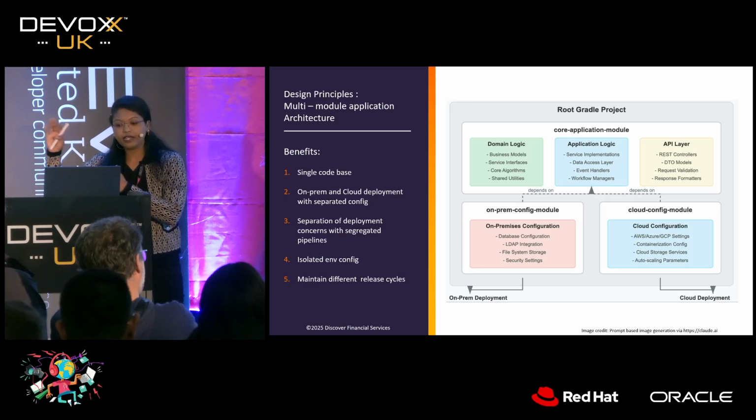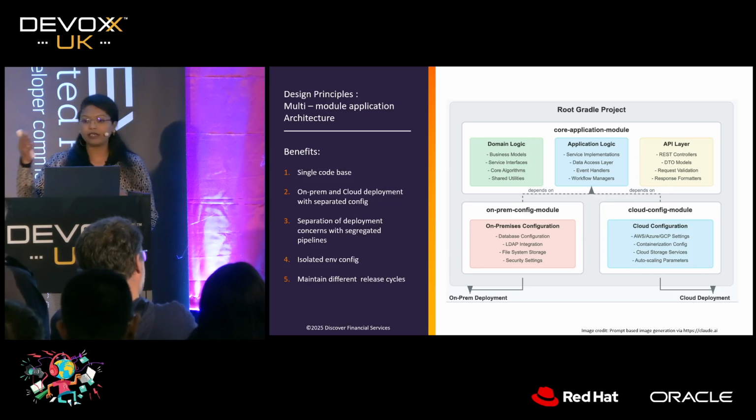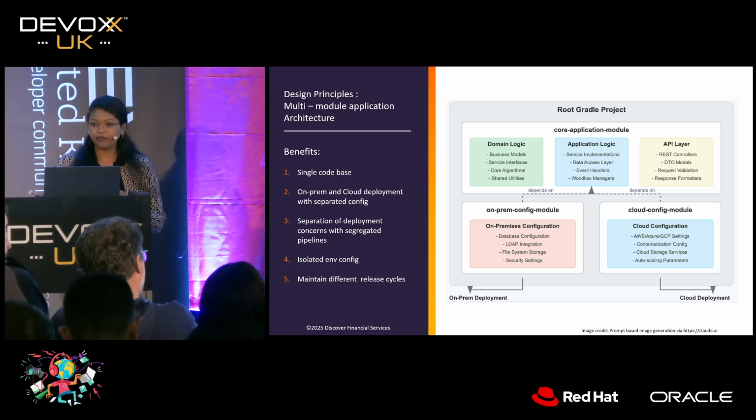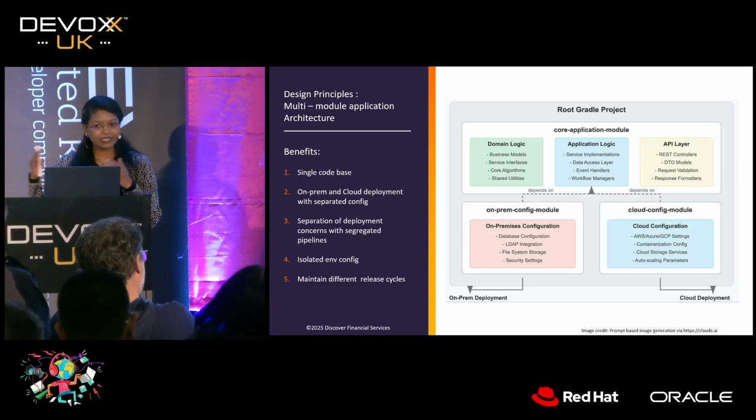And then everything related to the cloud, for example, your S3 keys and PEM keys, or any other runtime variables related to the cloud, can all go into a cloud config module. So these are different Gradle modules.